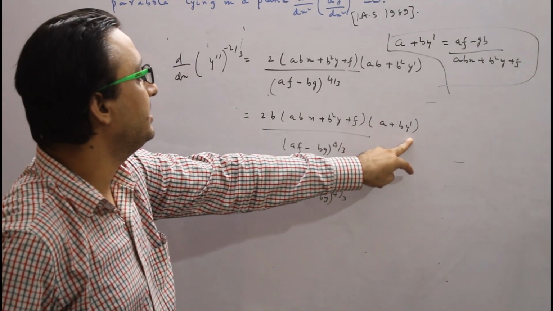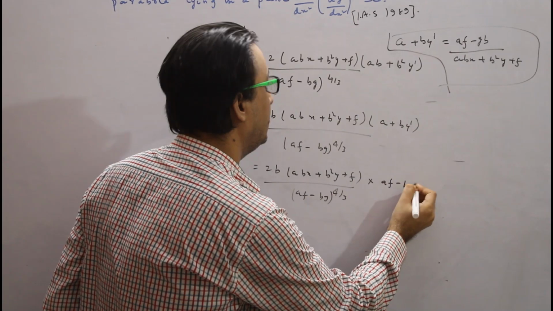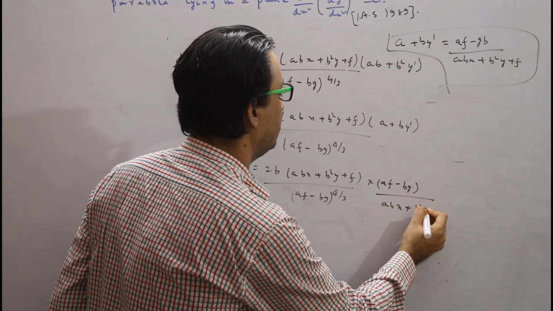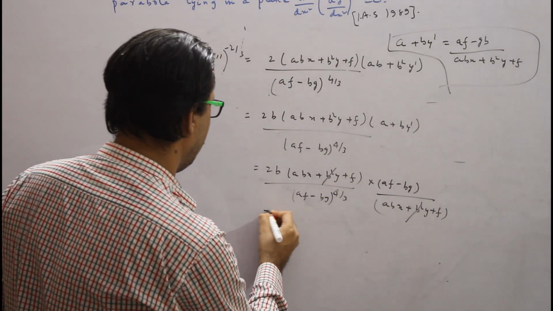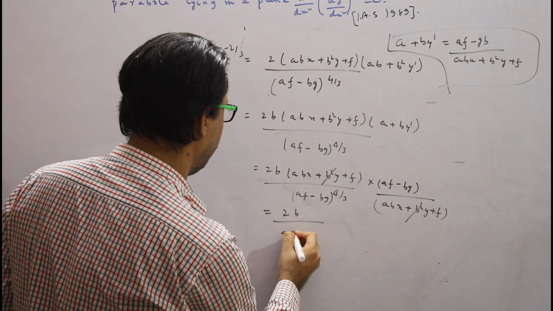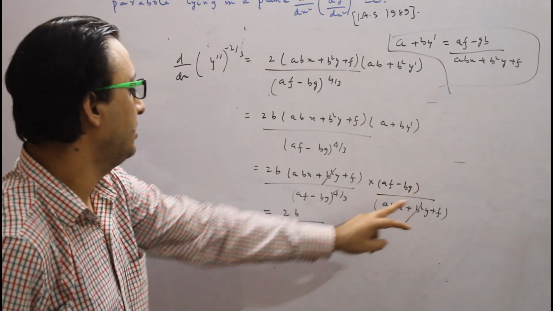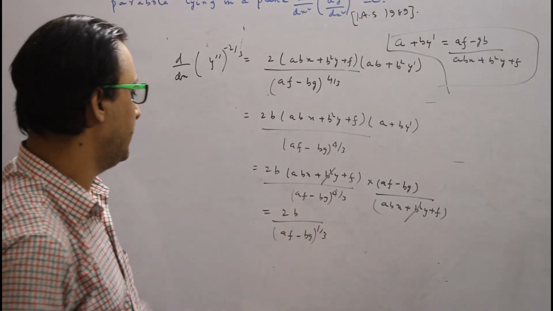What is the value of a + by'? That is (af - bg) divided by (abx + b²y + f). So this one gets cancelled. What we get? 2b, and this is our (af - bg). Here 4/3 minus 1 is 1/3.